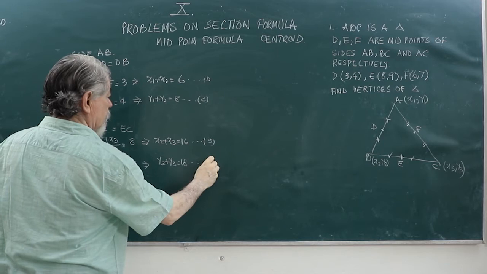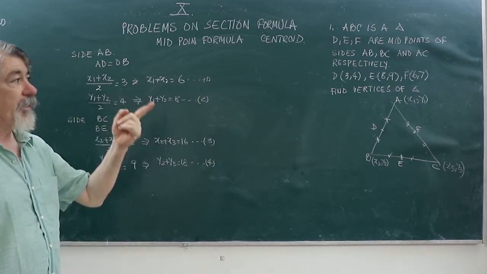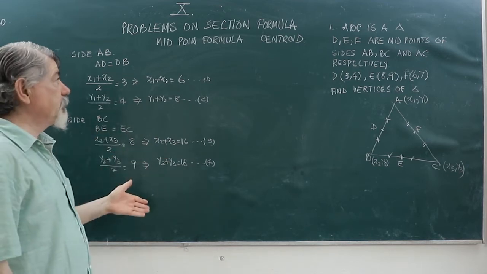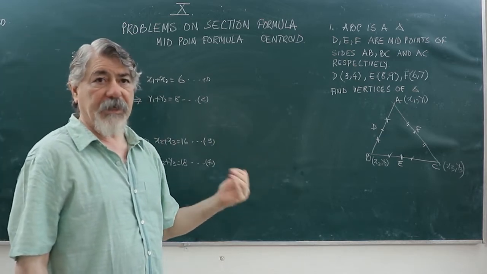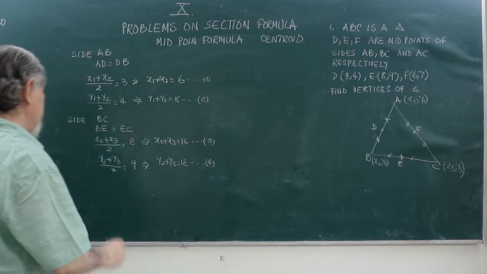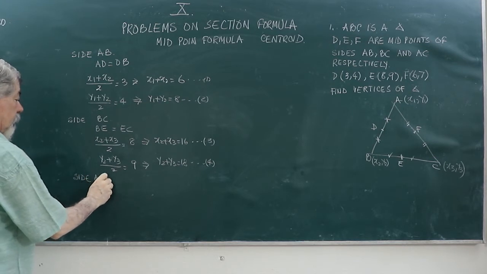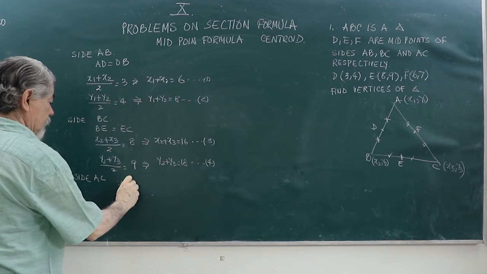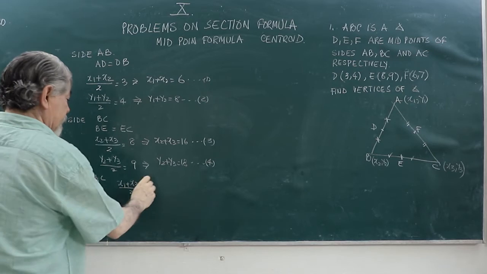So I have got 1, 2, 3, 4. Two more equations I will get from AC, and then I have 6 equations and 6 variables. I have to use those 6 equations to find those 6 variables. Let us take side AC. We say (x1 plus x3) upon 2 is equal to 6.